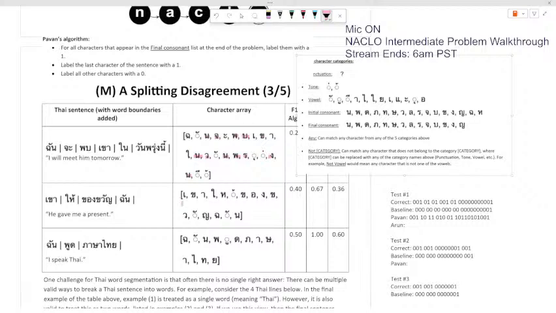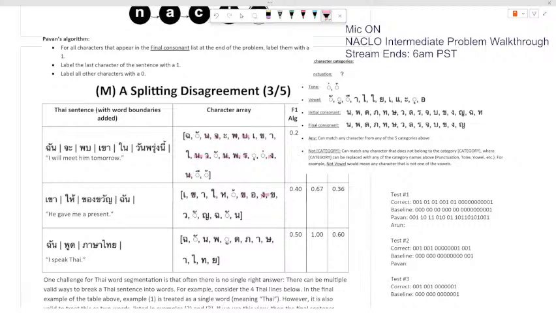We got, that's a vowel, that's a consonant, that's a vowel, that's a vowel, that's an initial consonant, that's a tone, that's a consonant that we're looking for. I should say this is a final consonant. We're looking for final consonants. That's a vowel.